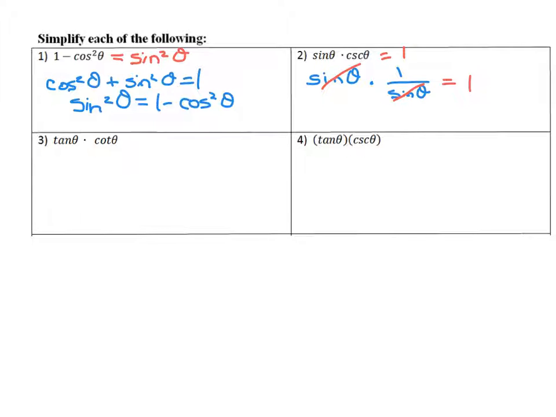I see something very similar in 3. I'm going to write tangent as sine divided by cosine. I'm going to write cotangent as cosine divided by sine. And again, I'm referring to those identities that we wrote in the boxes above. Cross canceling, cosine divided by cosine gives me a 1. Sine divided by sine gives me a 1.